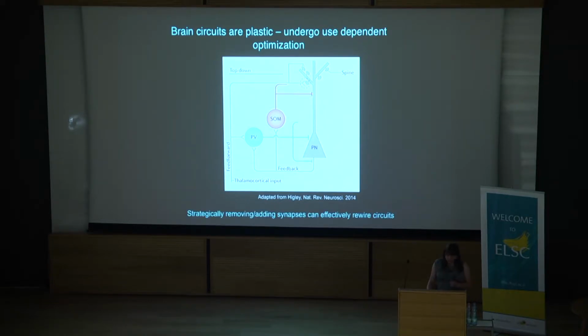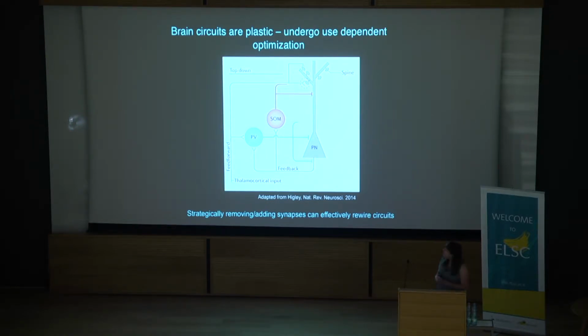So I wanted to introduce this phrase that Idan uses that I've adopted because I like it: there's such a thing as strategic placement of synapses, and strategic removal or addition of synapses can effectively rewire circuits without a lot of large-scale anatomical reorganization.